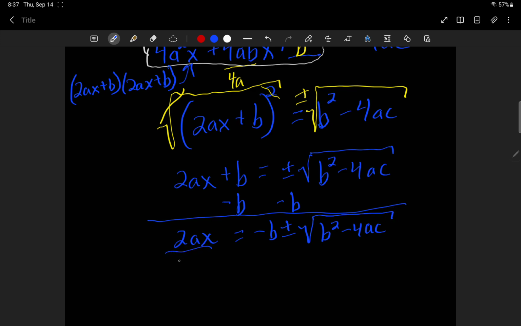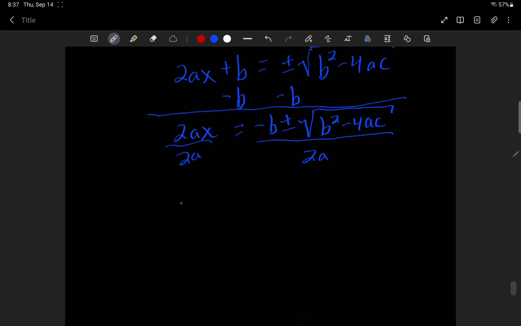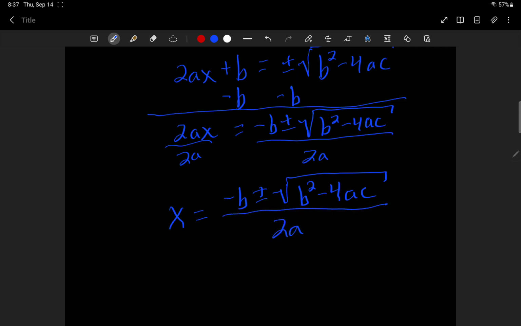And then we divide this by the 2a because we want to solve for x. We divide this by the 2a, and we have that x is equal to negative b plus minus the square root of b squared minus 4ac, all divided by 2a, which you may recall is the quadratic formula.